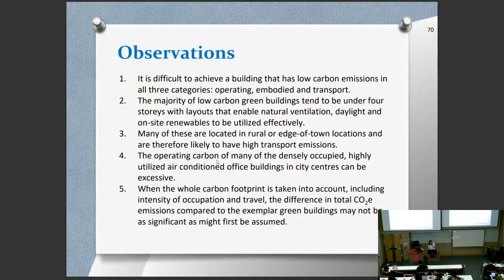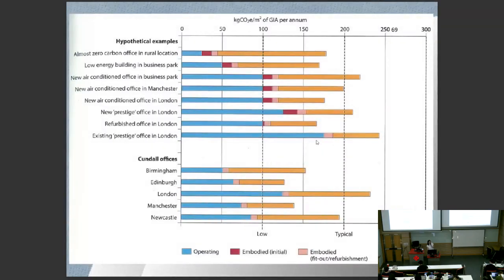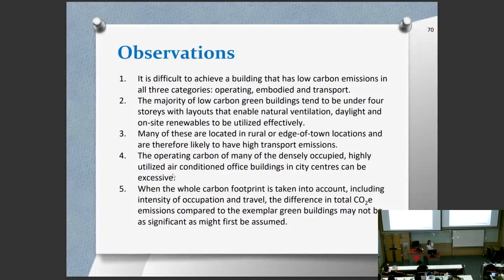The operating carbon of many of the densely occupied, highly utilized air-conditioned office buildings in the city centers can be excessive. For the existing buildings in London, the operating carbon can be very high. The benchmark is 100, but for this building, almost 200, maybe 170, much higher than the benchmark.